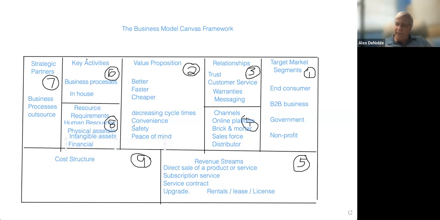And when you're undercapitalized that way, you want to try to minimize the amount and types of resources that you have to come up with. That's where the value of strategic partner relationships can really come into play to help minimize some of these resource requirements. And then it gets down to your cost structure.